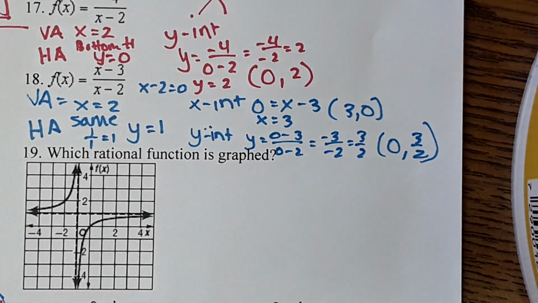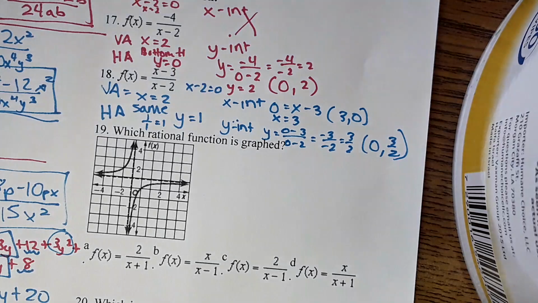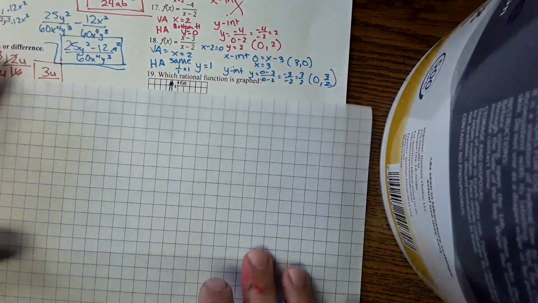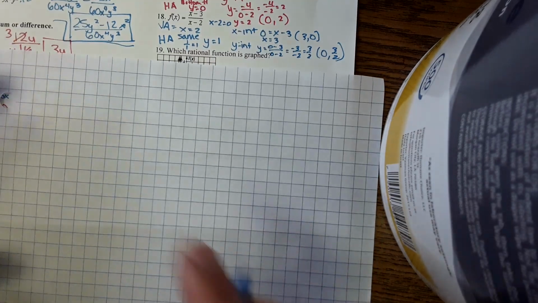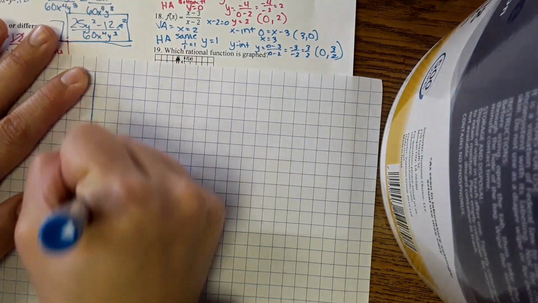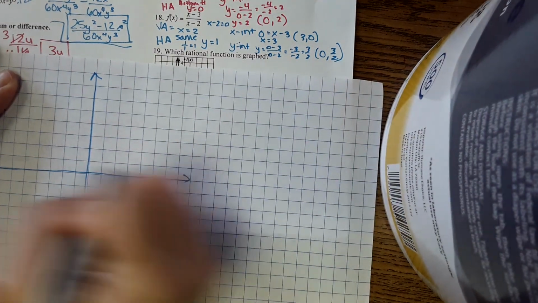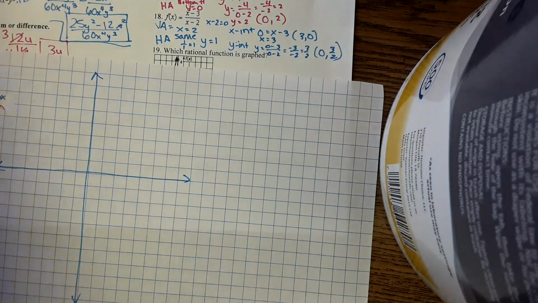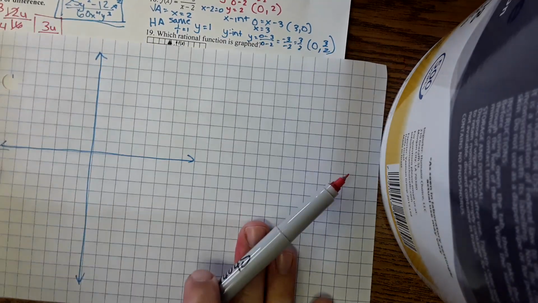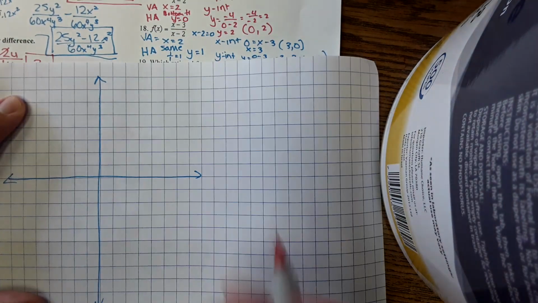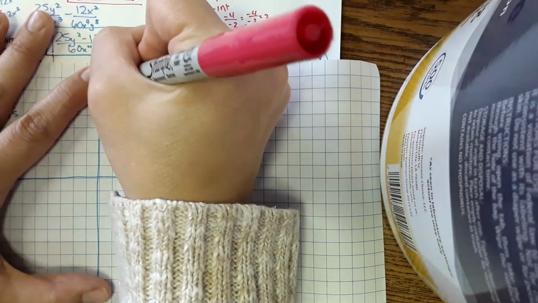Okay, now I'm going to graph this and see what else I need. On the graph paper, you can use the back of your graph paper, wherever. Got my graph. Okay, the vertical asymptote is at x equals 2, so that would be right here.